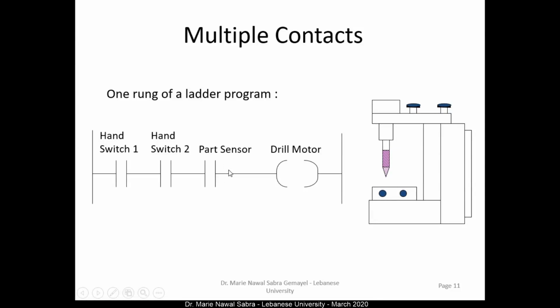I want hand switch 1 to be on, hand switch 2 to be on, and the part in its place, so the part sensor to be on, before I can turn on the drill motor. Therefore I have to put them in series so that any of them not in place would turn the circuit off. The current will not pass. Therefore, when I talk about the AND logic in logic circuits, the implementation in a ladder diagram is in series.